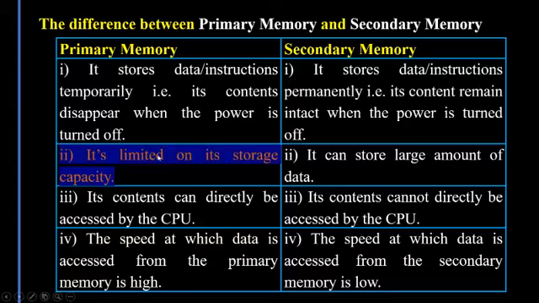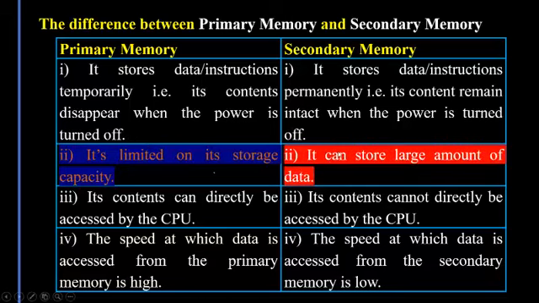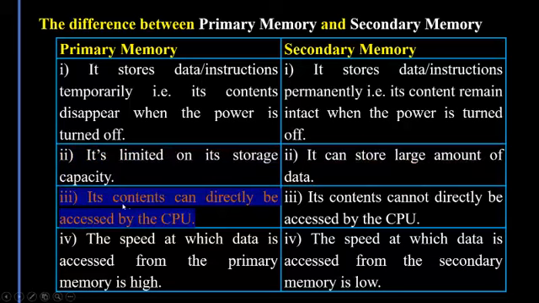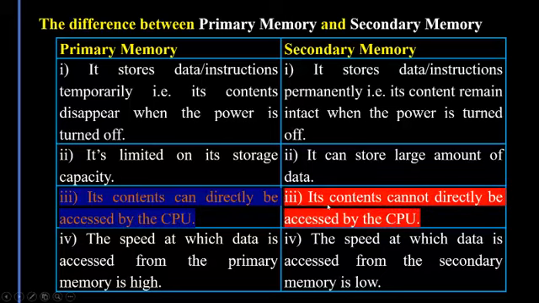By limited, we mean the information stored in primary memory can only be little, not much. But secondary storage can store a large amount of data, a lot of information. Then, the primary memory's content can be directly accessed by the CPU. But the secondary memory cannot.